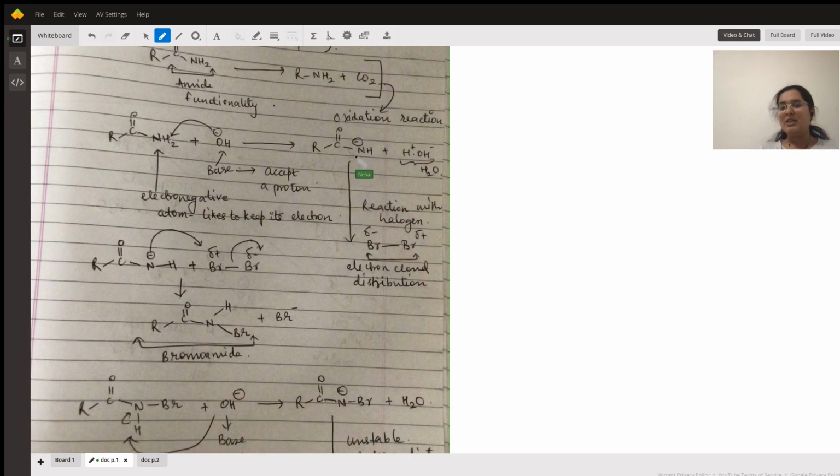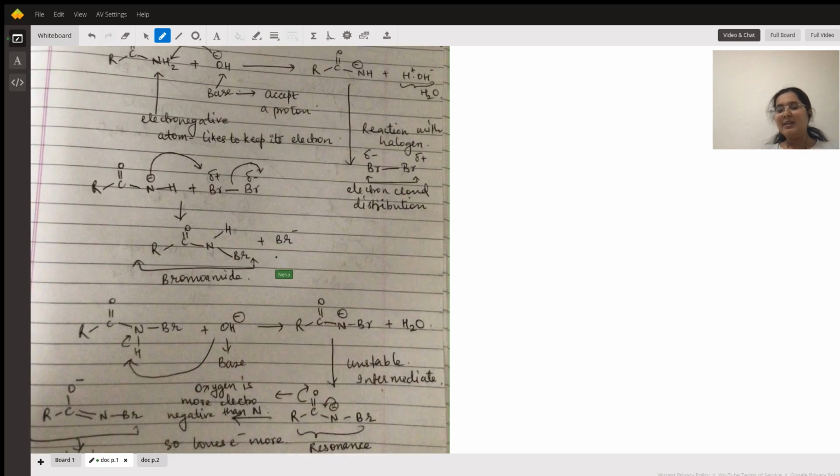Now this species, the N negative, reacts with the halogen. Br2 is a bigger molecule and has an electronic distribution such that one of the Br has a delta negative charge and one of the Br has a delta positive charge. So the N negative will react with the delta positive Br and give its electrons to it, and the Br negative will be released.